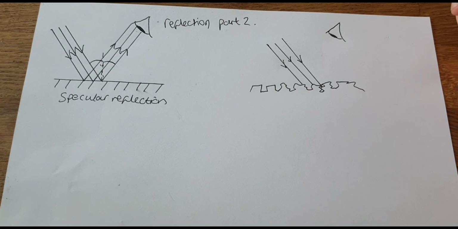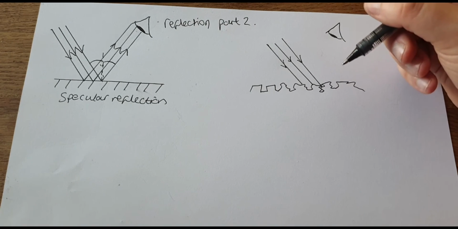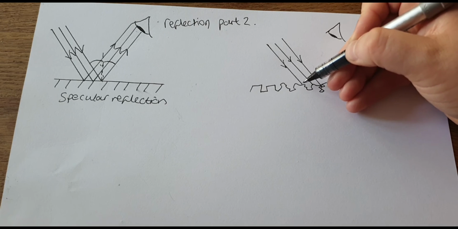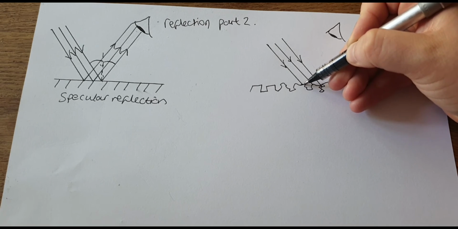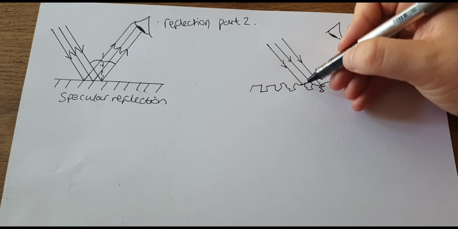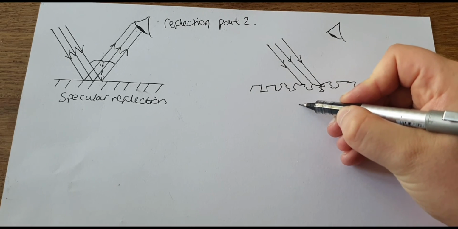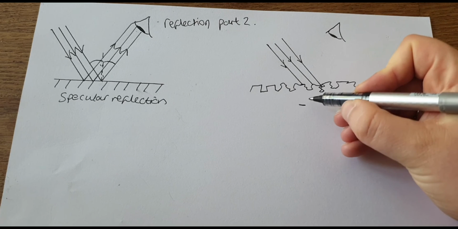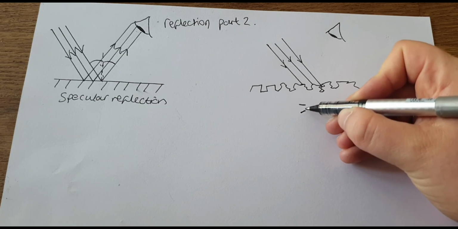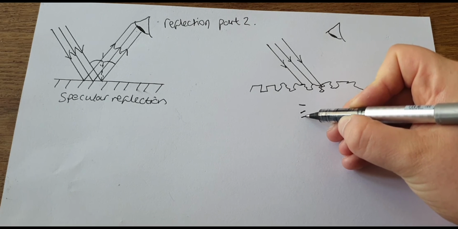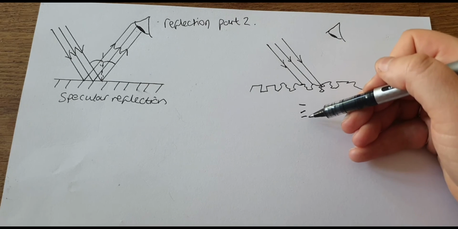Now, hopefully you can see they're not quite going to reflect in the same way that they did here. So this is where I might actually need to draw a normal. So the normal to this tiny bit of surface here, this bit here. Now it's not flat like that. If you look at it carefully, it's actually at a bit of an angle, not clearly flat.